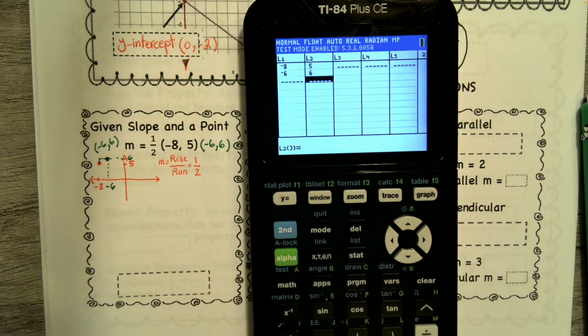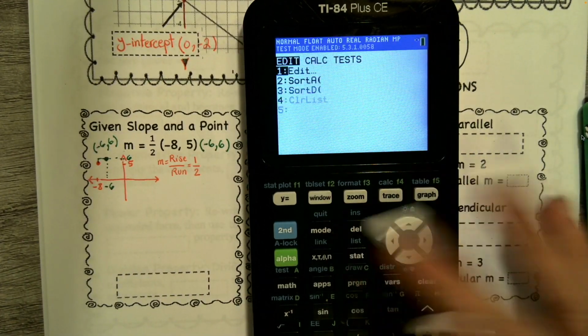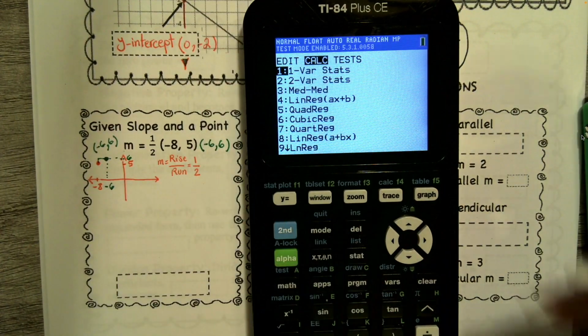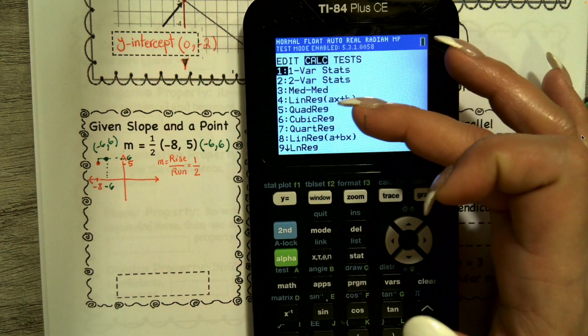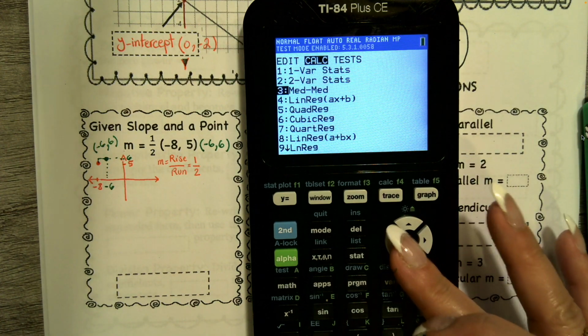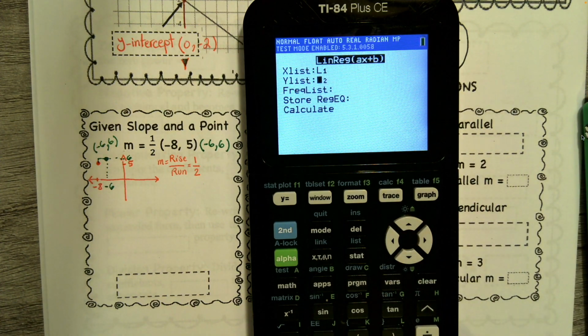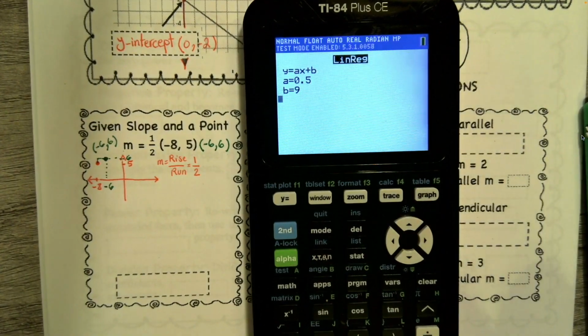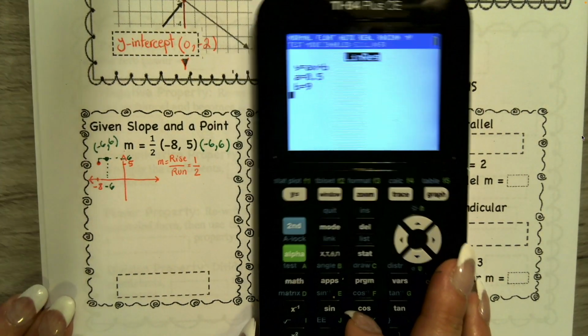Okay, it's good. So now I have to do stat, calc. This is a line, so line is number 4. I will go to number 4, click enter. I'll go all the way down and it gives me my slope and my y-intercept. So I will write it down.